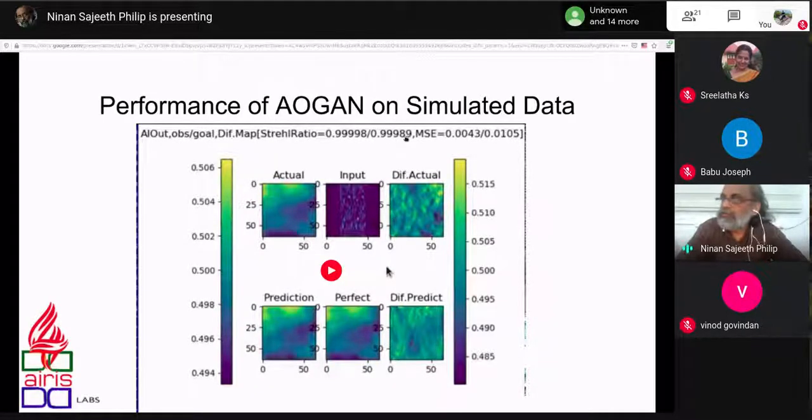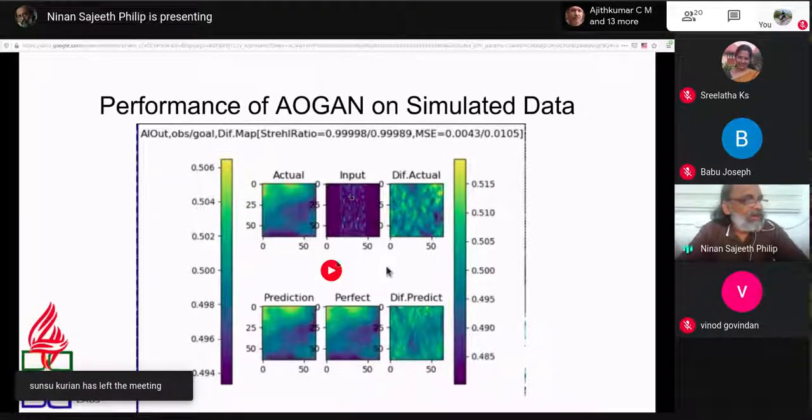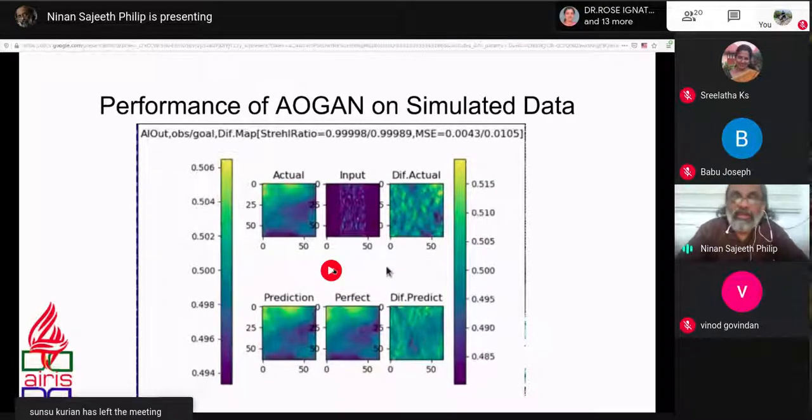So we are not doing better than the highly computational method, but we are very close to it, which is very promising, and this we hope can be improved further. And for different inputs, I want to mention another thing.